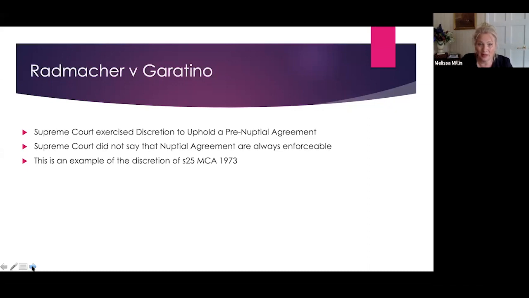This does not mean that there is a guarantee that prenuptials will be upheld, but there is a discretion to uphold a prenuptial contract. The parties in this instance, the husband was French, he was a successful banker, the wife was German. They had a daughter and they both entered into a prenuptial contract.